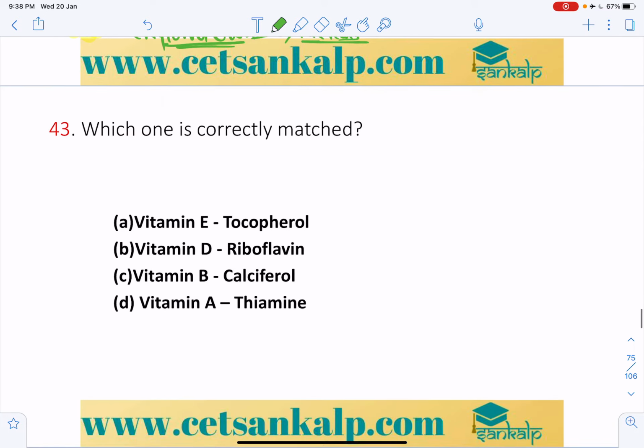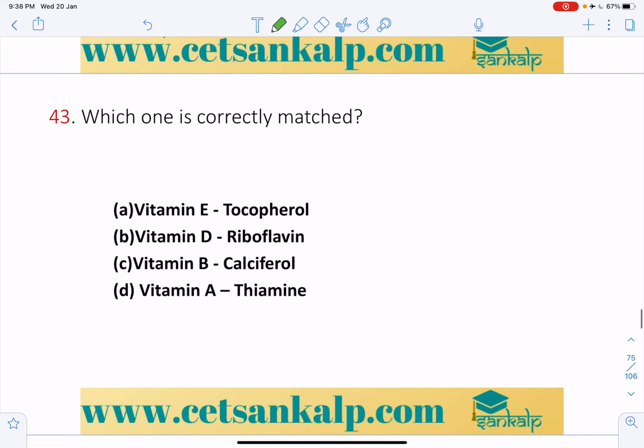Next, vitamins, which are very important. In the lower classes we discuss them many times; I'll just give some points related to vitamins. As we all know, there are two types of vitamins: fat soluble and fat insoluble vitamins.